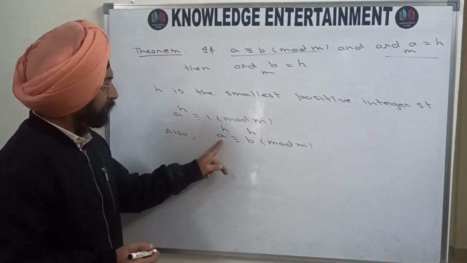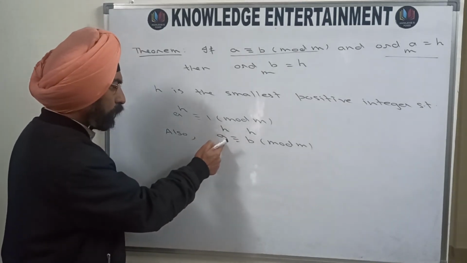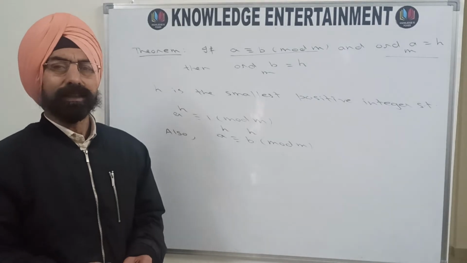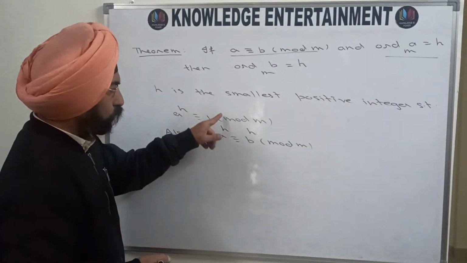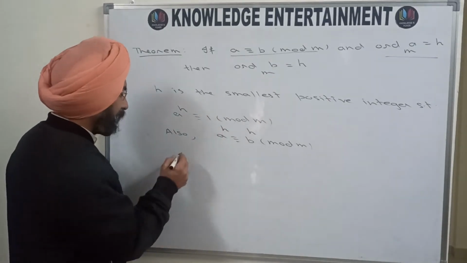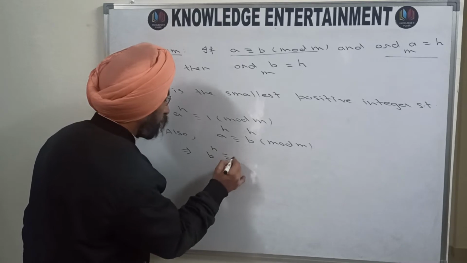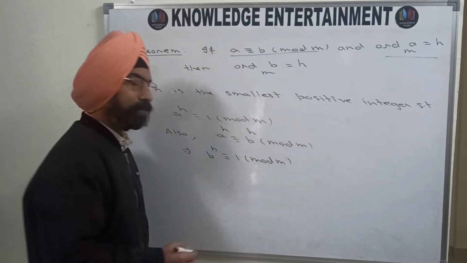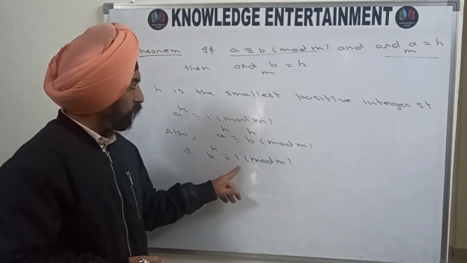Now b power h is congruent to a power h, and a power h is congruent to 1. And we know that the relation of congruence is transitive. So from these two we can conclude that b power h is congruent to 1 modulo m. We have proved that b power h is congruent to 1 modulo m.